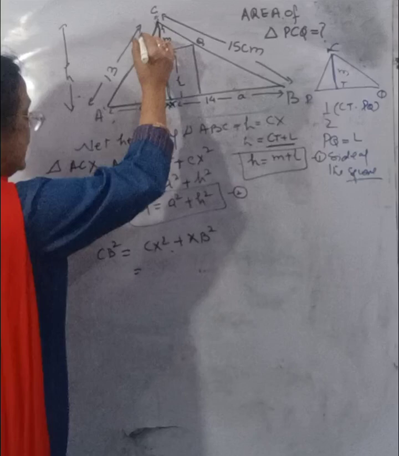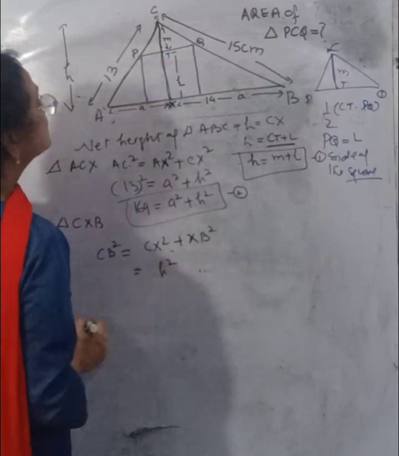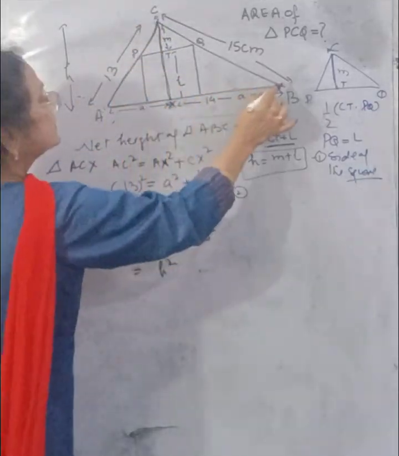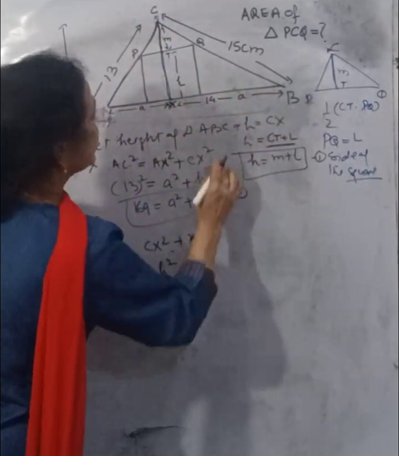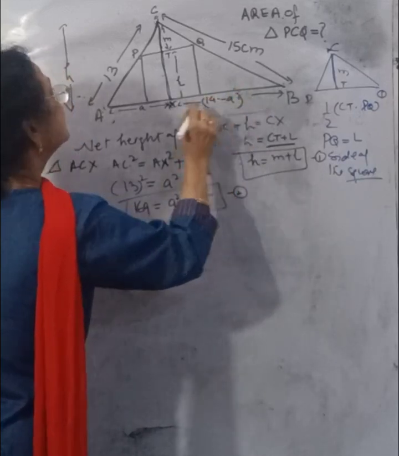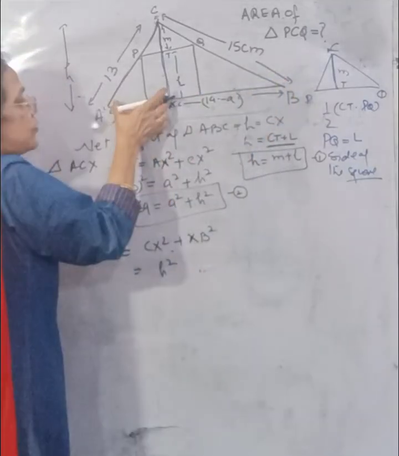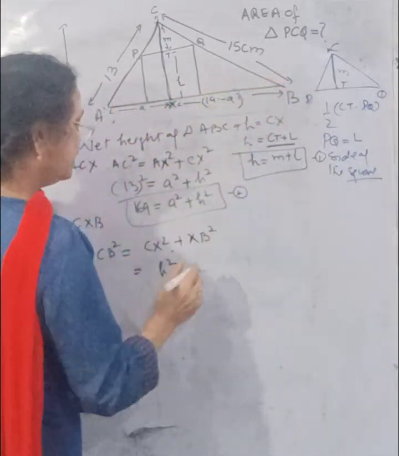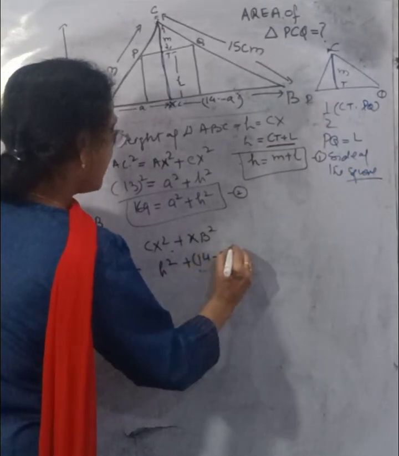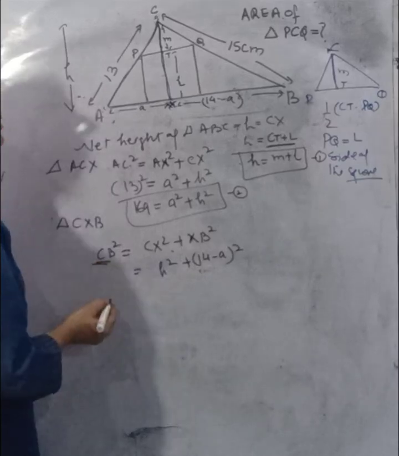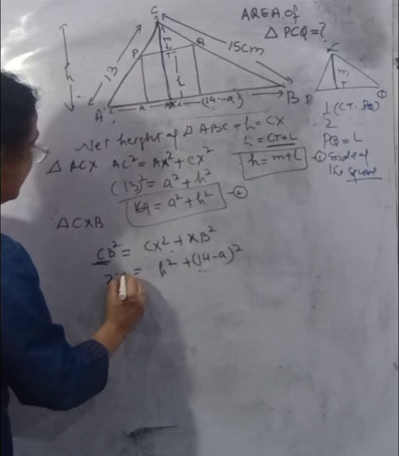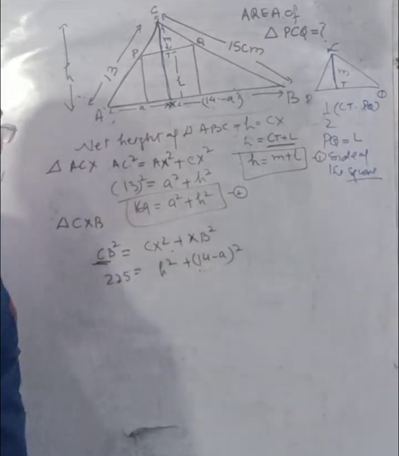CX square is H square, and XB is 14 minus A, because it was 14 and out of which A was assumed. So the total is 14 minus A whole square. And CB is already given as 15, so square of 15 is 225.